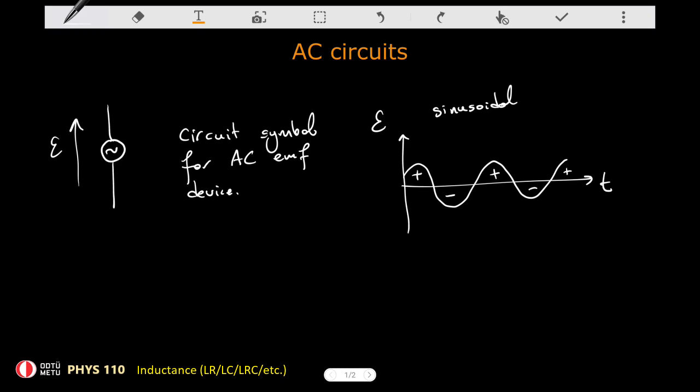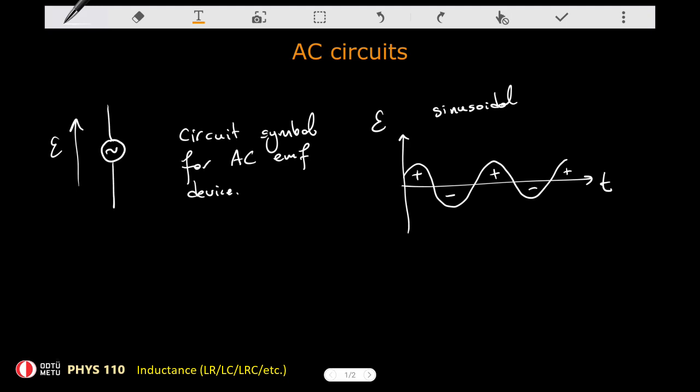So the first question that we might ask: why AC? Why do we need to use AC in our houses? This has some interesting historical background. There was something called the War of the Currents between Thomas Edison and Westinghouse. Different companies fought over this, but eventually the AC circuits won.